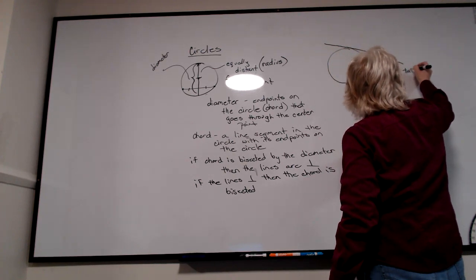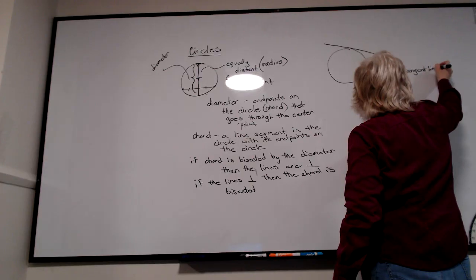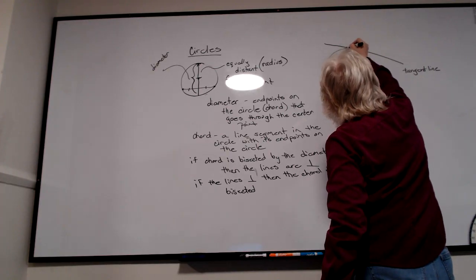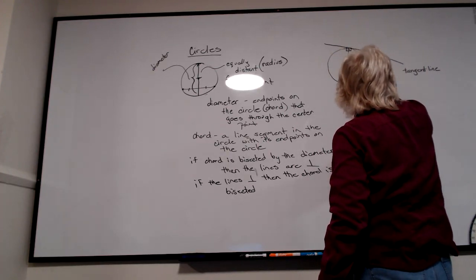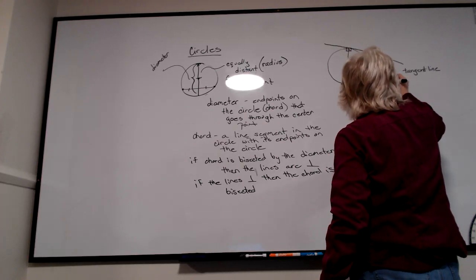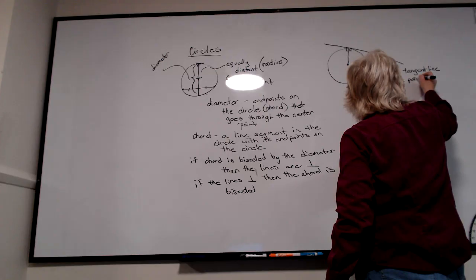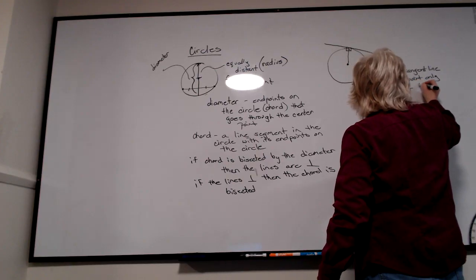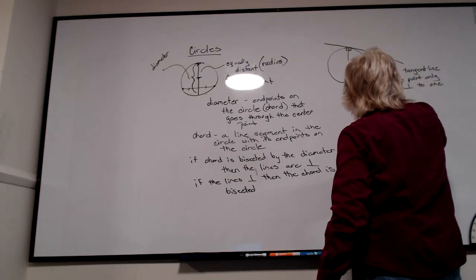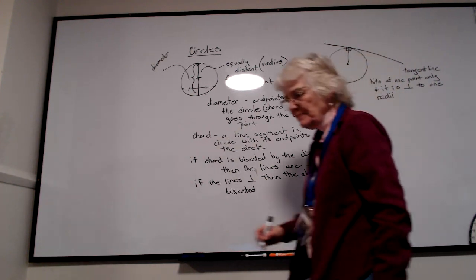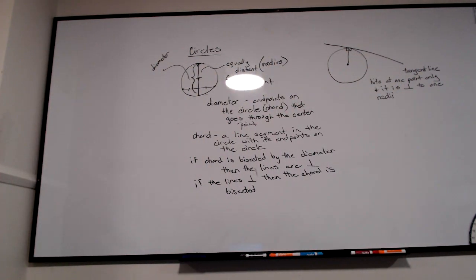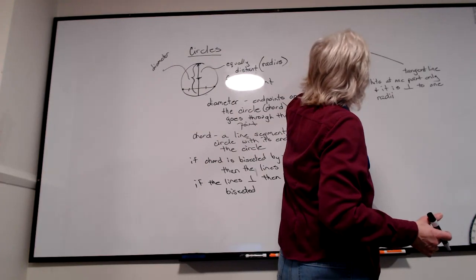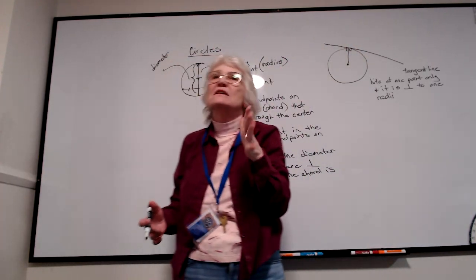And we have what's called a tangent line, which touches the circle at one point only, and it is perpendicular to a radius. Basically, if you have a line that's coming through, for it to be tangent it can only hit in one spot, and when it does, there is a radius that it's perpendicular to.